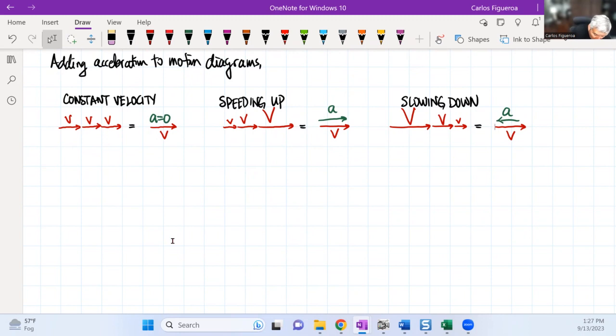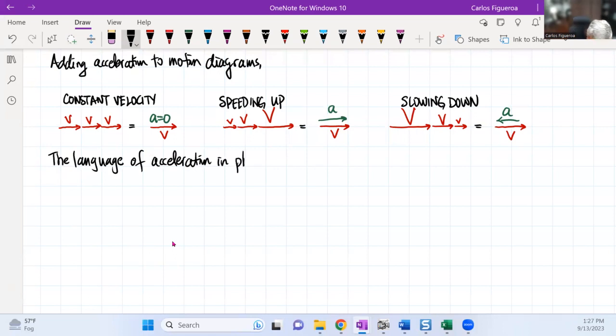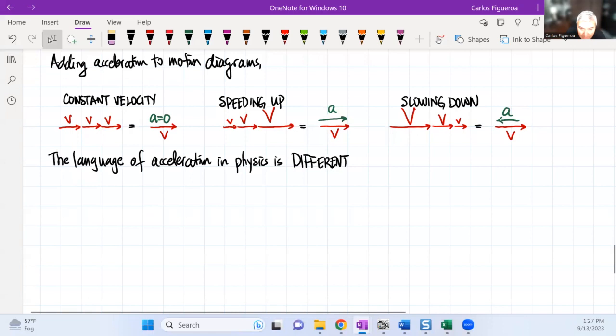So now I want to talk about the language of acceleration in physics, which is different than everyday language.